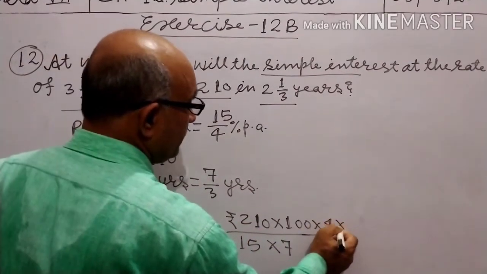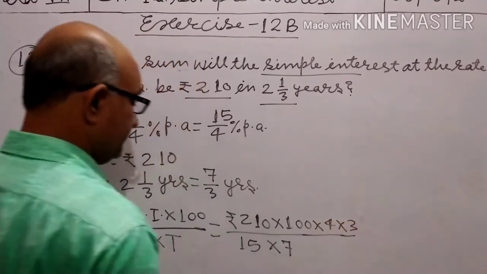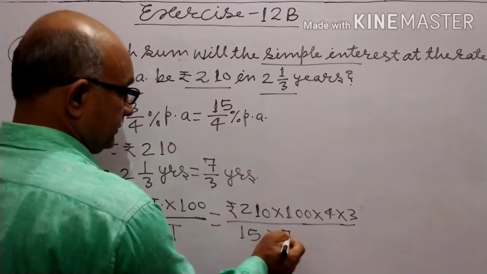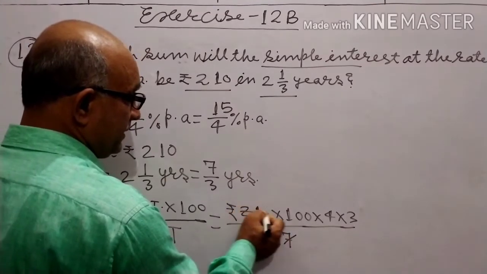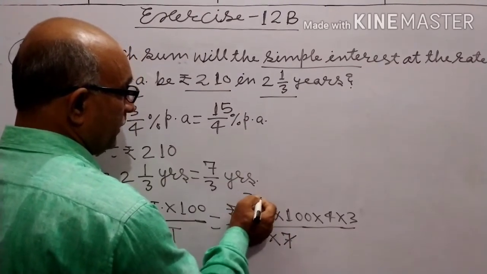So 7 into 3. Now divide it. 7 3s are 21. So 30.